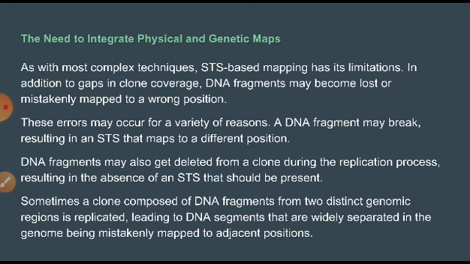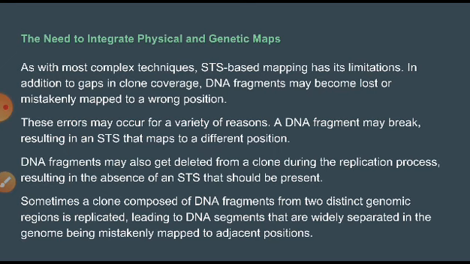A DNA fragment may break, resulting in an STS that maps to a different position. DNA fragments may also get deleted from a clone during the replication process, resulting in the absence of an STS that should be present. Sometimes a clone composed of DNA fragments from two distinct genomic regions is replicated, leading to DNA segments that are widely separated in the genome being mistakenly mapped to adjacent positions.